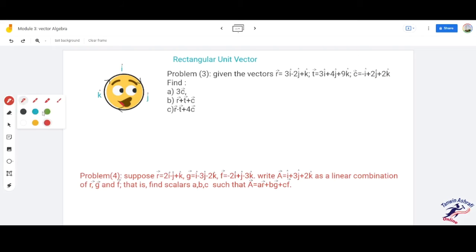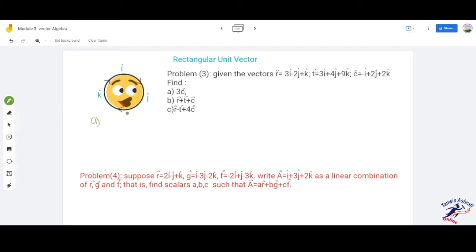And the question asked is to find 3C, R plus T plus C, and R minus T plus 4C. So we will go one by one for this question.